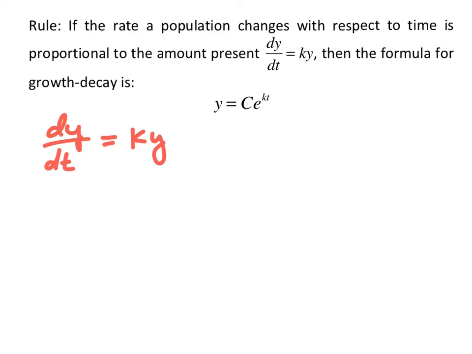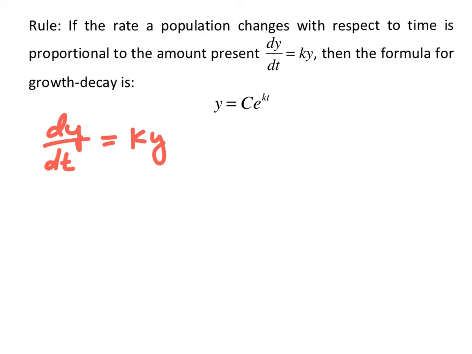Where that comes from is they tell us in words that the rate that the population is changing, where my population is y with respect to time, is proportional to the amount present. Well, proportional means I'm taking k and multiplying it by something, where k is your proportionality constant. So it's proportional to the amount present, which is y, which is why we have k times y.